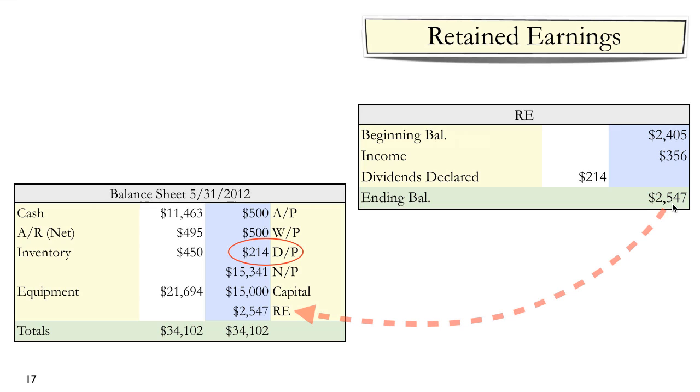This retained earnings T account is very useful when the accountant goes to prepare the statement of retained earnings, another one of the required GAAP financial statements. We can take a look at the closing balance sheet for the period. Notice dividends payable listed as a liability, and also notice the final balance in the retained earnings account.